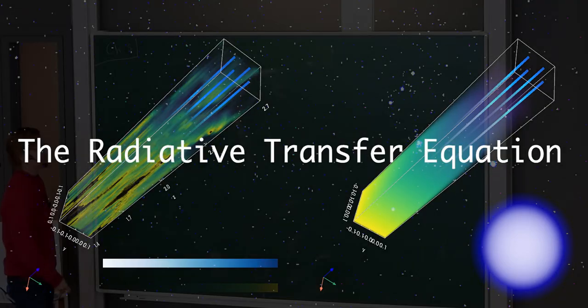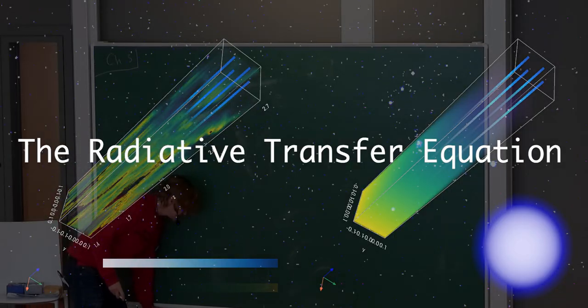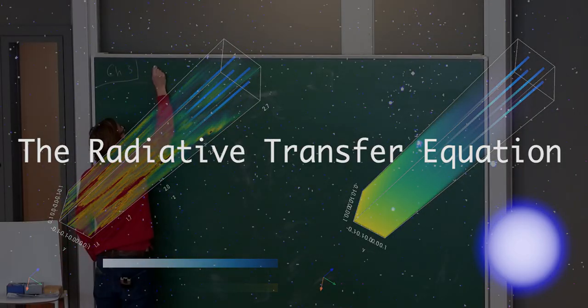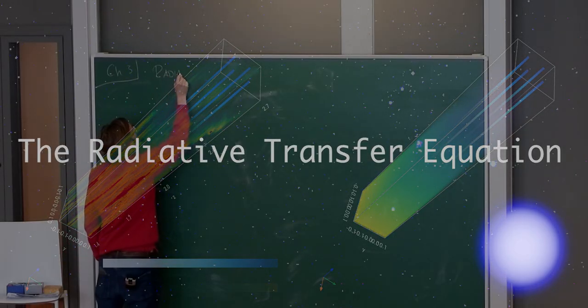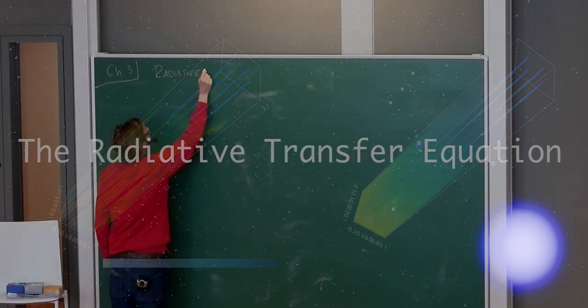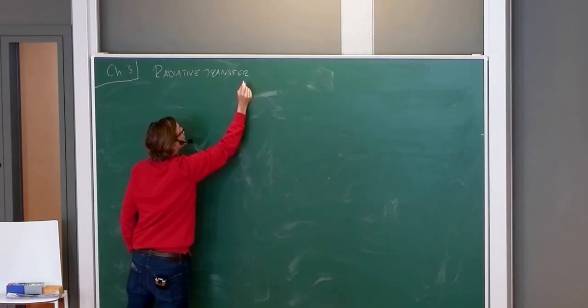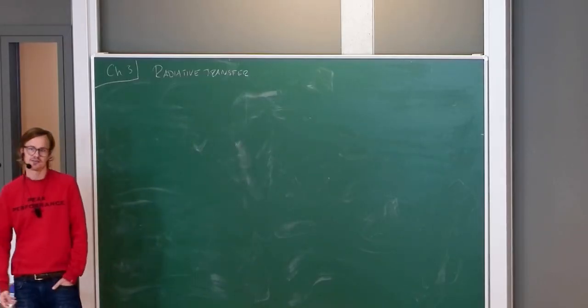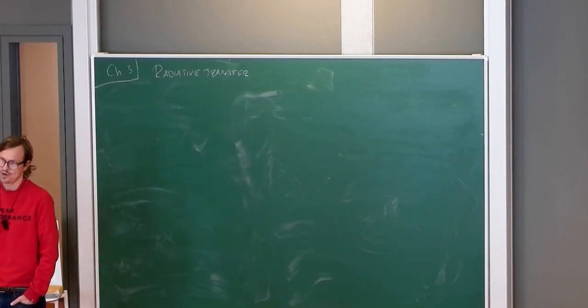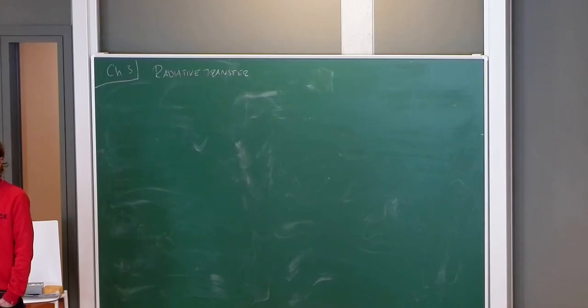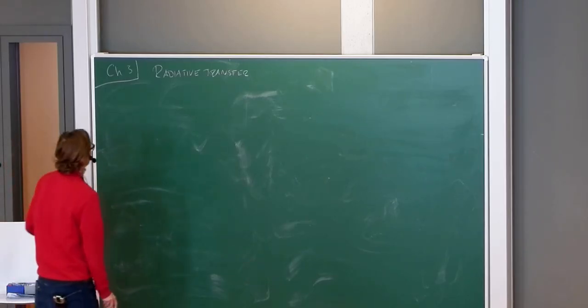Now, chapter 3 deals with radiative transfer, or as it is called, radiative transfer versus radiation in equilibrium. And hopefully we will see what I mean with that.